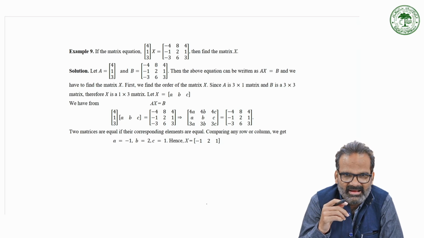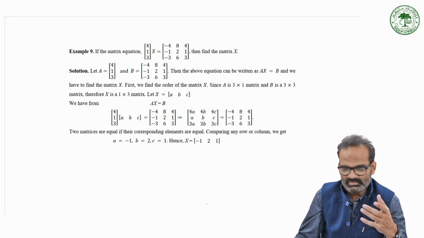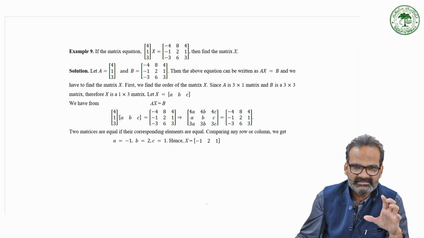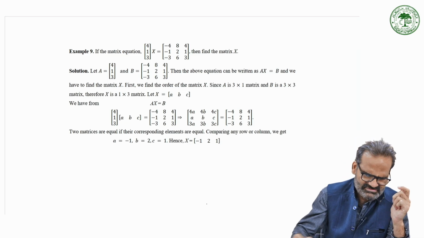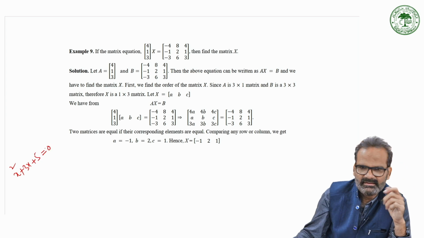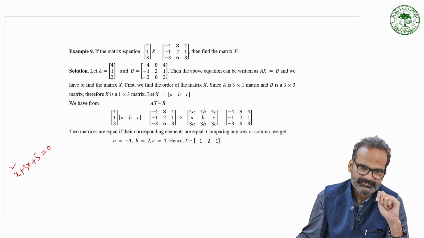If the matrix equation, this is a matrix equation. I have just told you in the last slide, matrices written in the form of an equation represent a matrix equation. For example, if I write x square plus 3x plus 5 equals 0, we know this is an equation in the variable x, and of course a quadratic equation.